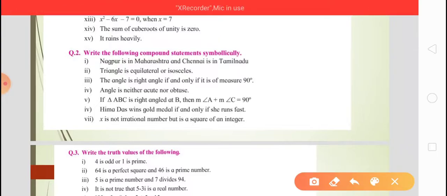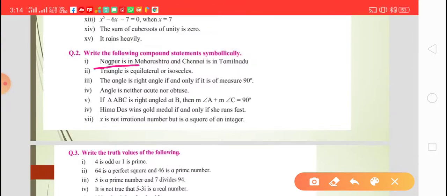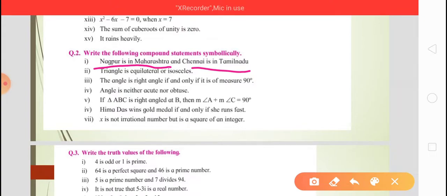So take the first example: Nagpur is in Maharashtra and Chennai is in Tamil Nadu. How many simple statements are here? Two simple statements. What are they? Nagpur is in Maharashtra, and the second is Chennai is in Tamil Nadu.